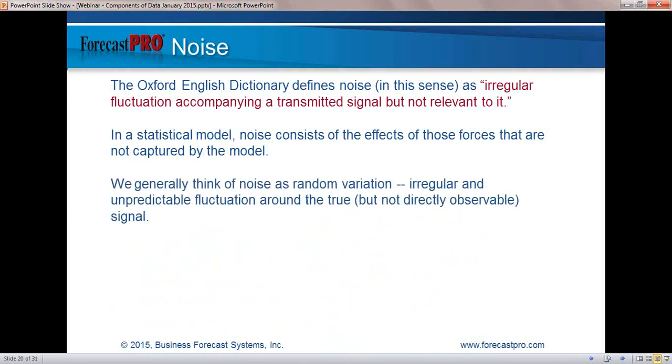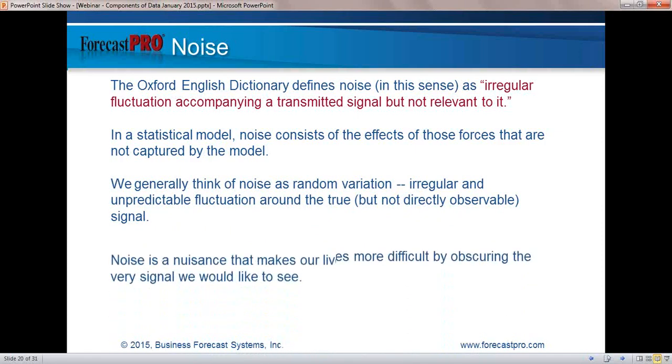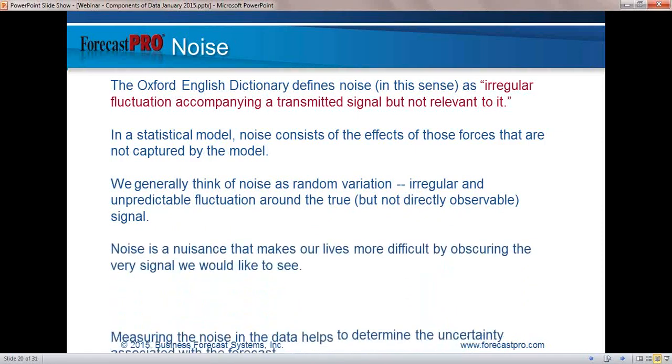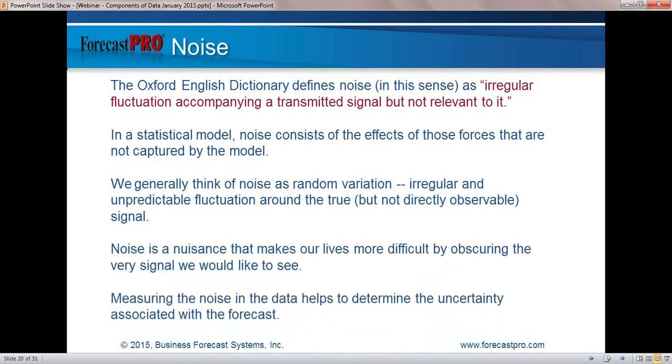It's a nuisance. It makes it harder for us to understand. If the data are noisy, if there's a lot of random variation, it makes it harder to understand the actual structure that's there. So what do we do about noise? We can't really forecast it because it's random variation, but we can measure it. And by measuring the amount of noise in the data, we can determine things like the uncertainty around the forecast. So let's look at an example of this.